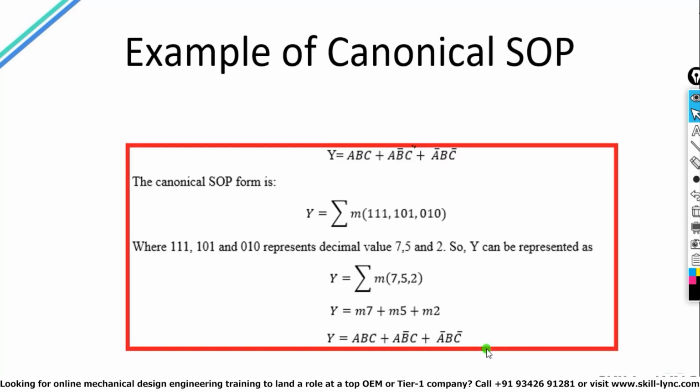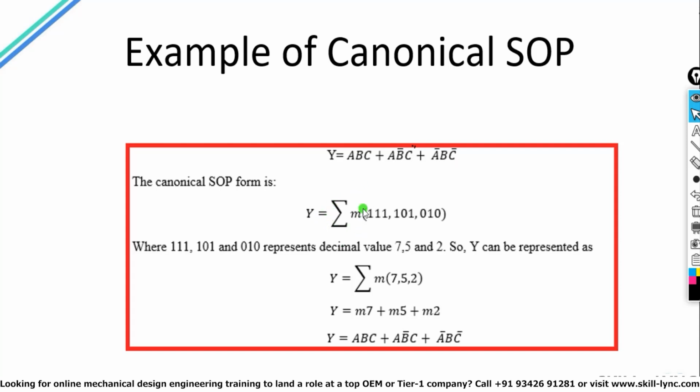Let's take one more example. The function is y equal to abc plus a b bar c plus a bar b c bar. The question is to find the canonical SOP form. So the canonical SOP form can be written as y equal to sigma small m.